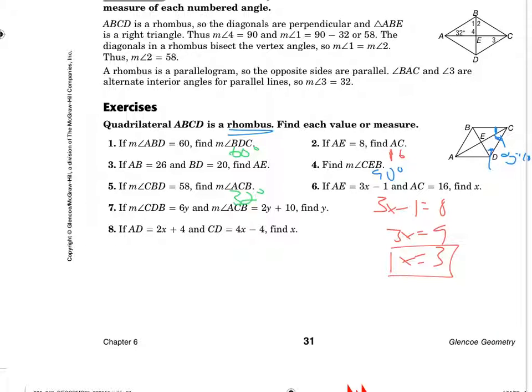And this part is 6y, and it's a right angle, which means those angles have to be complementary, adding up to 90. So it gives us the equation 6y plus 2y plus 10 equals 90. So 8y equals 80 and y equals 10.